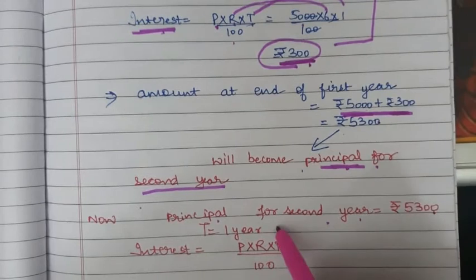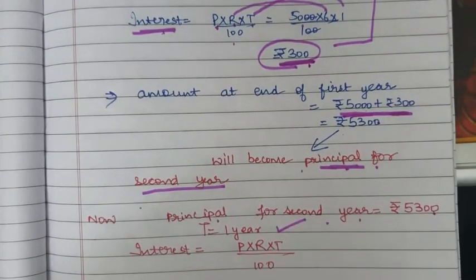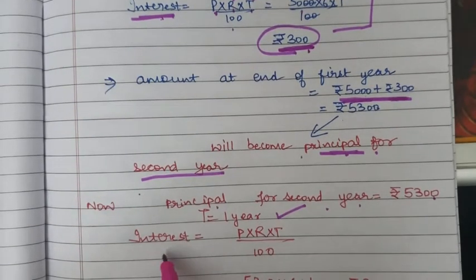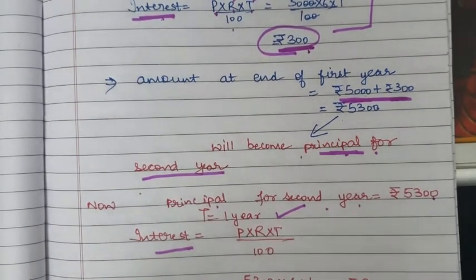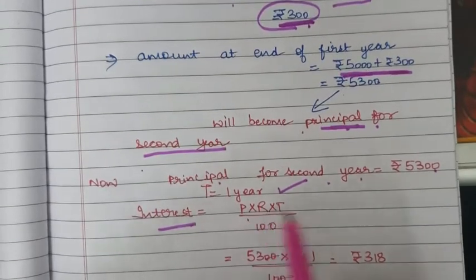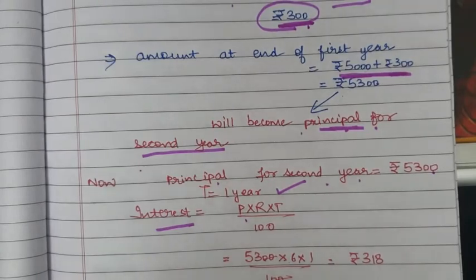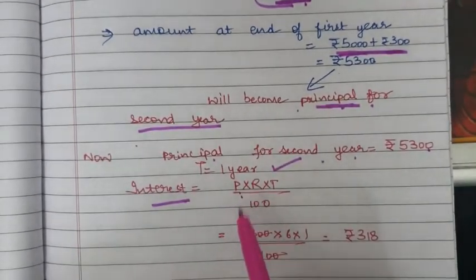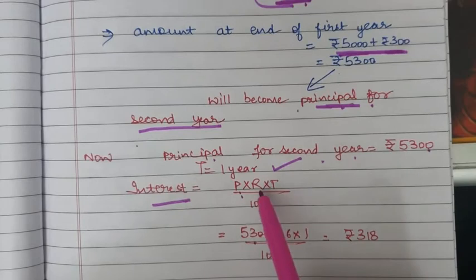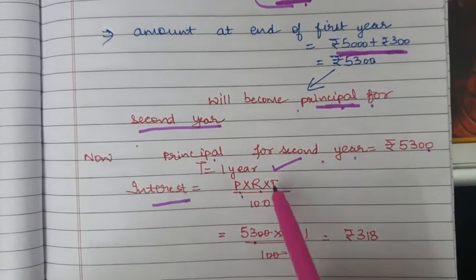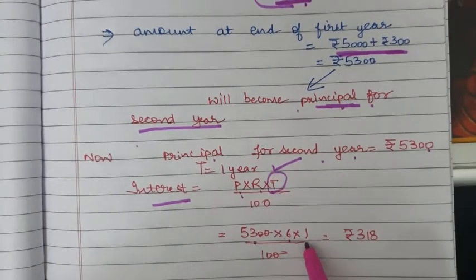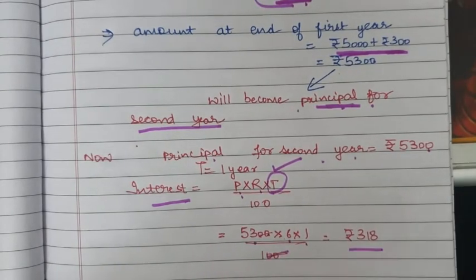And the time for the next year is 1 year. So now again we will find the interest. That is principal multiply rate of interest multiply time upon 100. Now principal 5,300, rate of interest 6% and the time is 1 year. So 2 zeros cancel, we get 318 rupees.